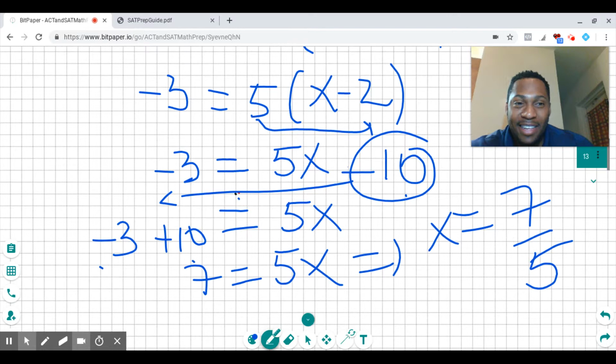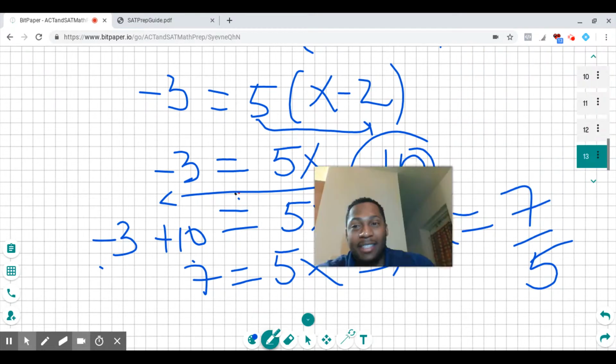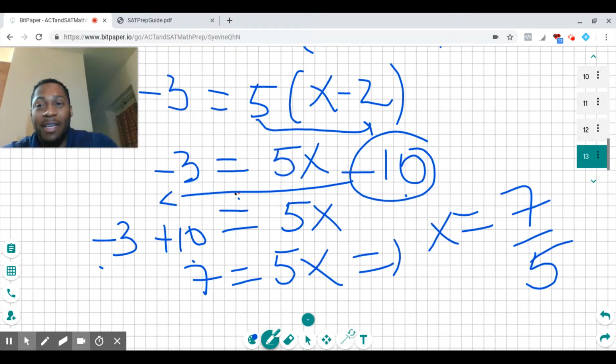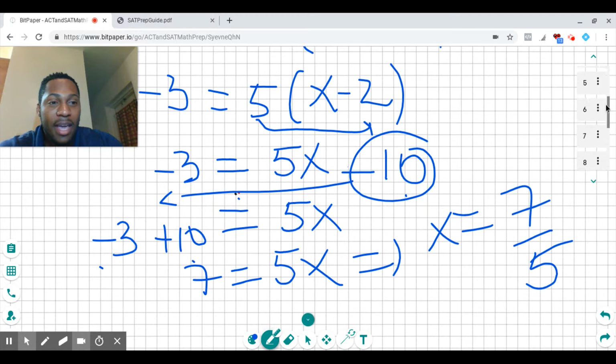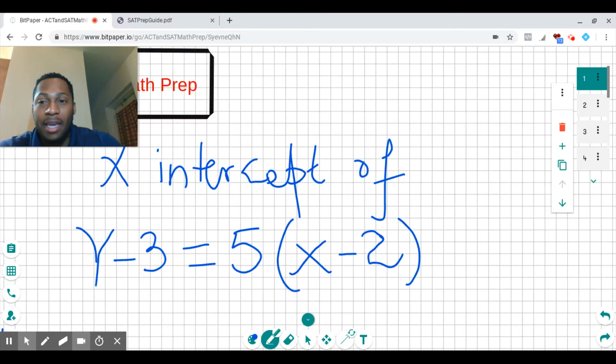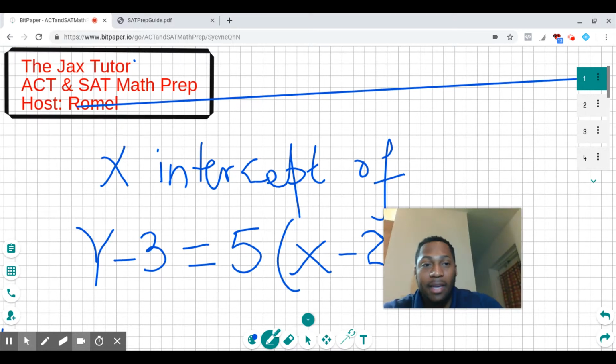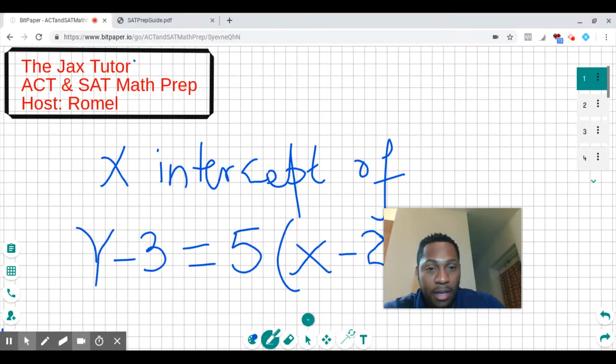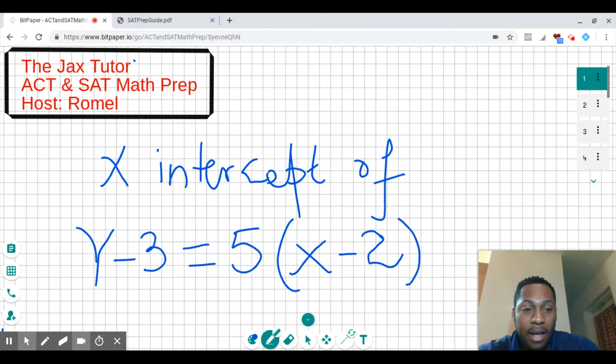Okay, so what did we do? How did we get to x is equal to 7 over 5? First of all, we noticed that they are asking us for the x-intercept. What does it mean to have an x-intercept?